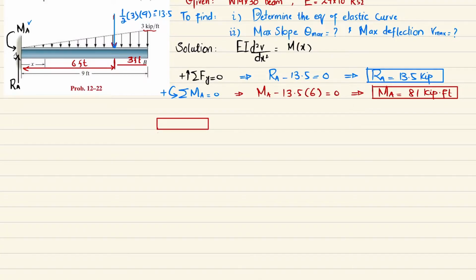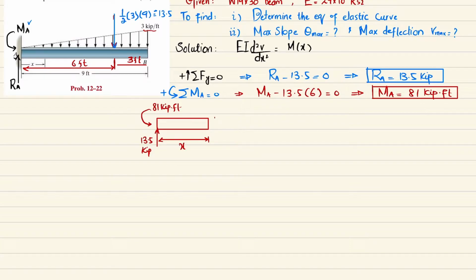When you cut it, this is point A, where you have RA, which is 13.5 kips, and a moment which is 81 kip into feet. This length where we have cut the beam is represented as x.